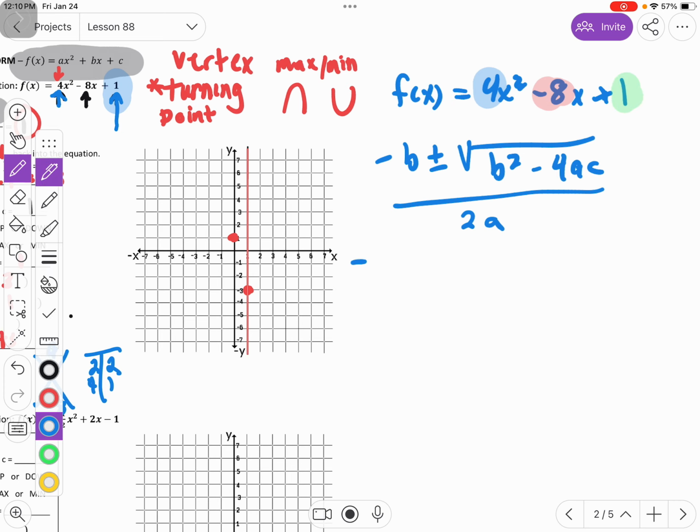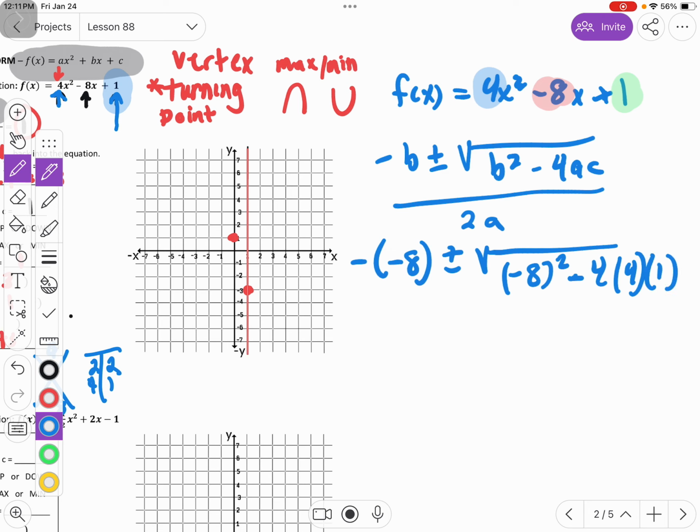So we'll have negative times a negative 8, plus or minus the square root of negative 8 squared, that's b squared, minus 4 times 4, a is 4, times 1, which is c. And that's going to be all over 2 times a.